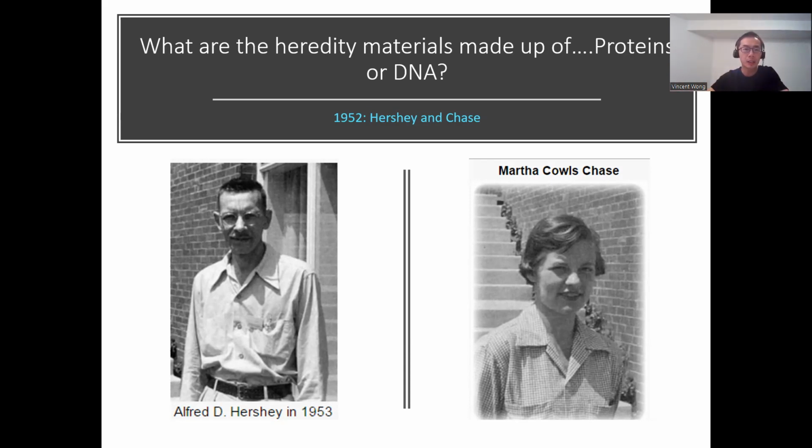And it's not until 1952 that two scientists, Hershey and Chase, came together and did an experiment that would definitively show that it is DNA that is responsible for being the hereditary material.